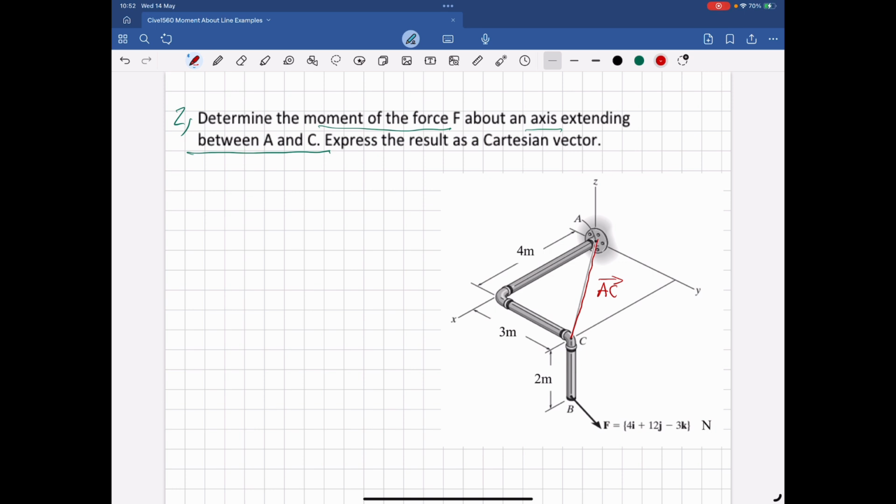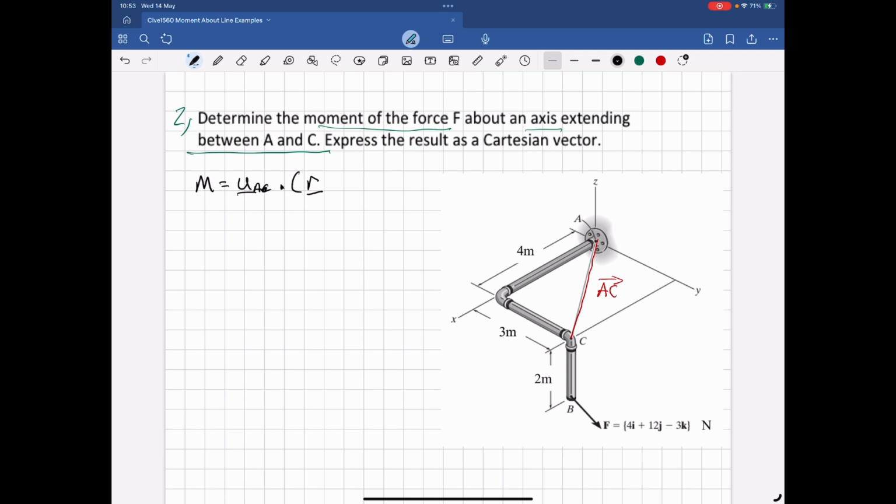But it's pretty much the same calculations as before. What we're going to be doing is a calculation where the moment is equal to u_AC, a unit vector in the line AC, dotted with a position vector from any point on the line to the point of the force.